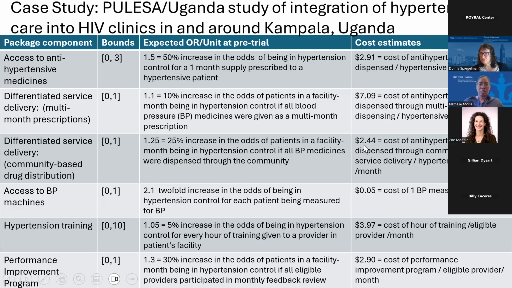And here it's 2.44, so it's a little bit less if it's dispensed in the community. Blood pressure measurement per patient is very cheap, 5 cents. It's about 4 hours to train an eligible provider. And then it's $2.9 to have an eligible provider participate in a monthly performance improvement program.